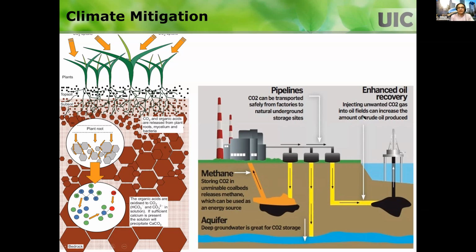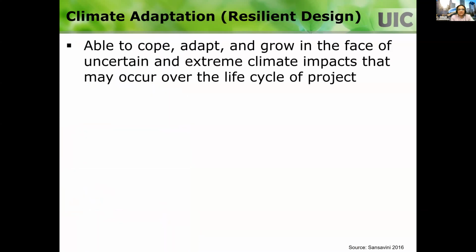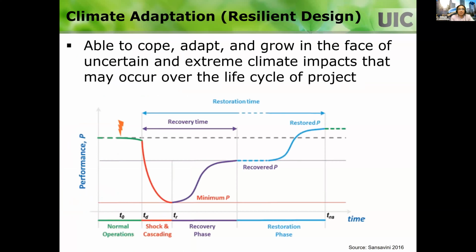That way you can reduce CO2 emissions in the atmosphere. So geotechnical engineering plays a big role in these things. There are other ways to mitigate greenhouse gases, but these are the ones where geotechnical engineers play a major role. But these are not going to make a lot of difference.